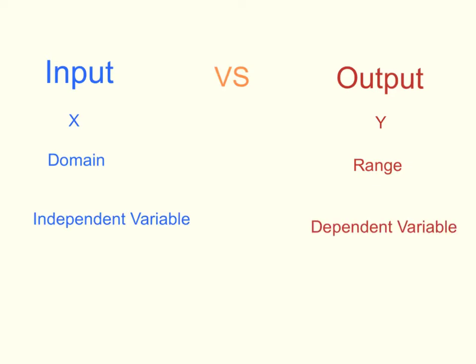The input represents the independent variable, while the output represents the dependent variable, because the output depends on the input. We will talk more about those variables in the next lesson. But make sure you know which words match up with output and which ones match up with input.